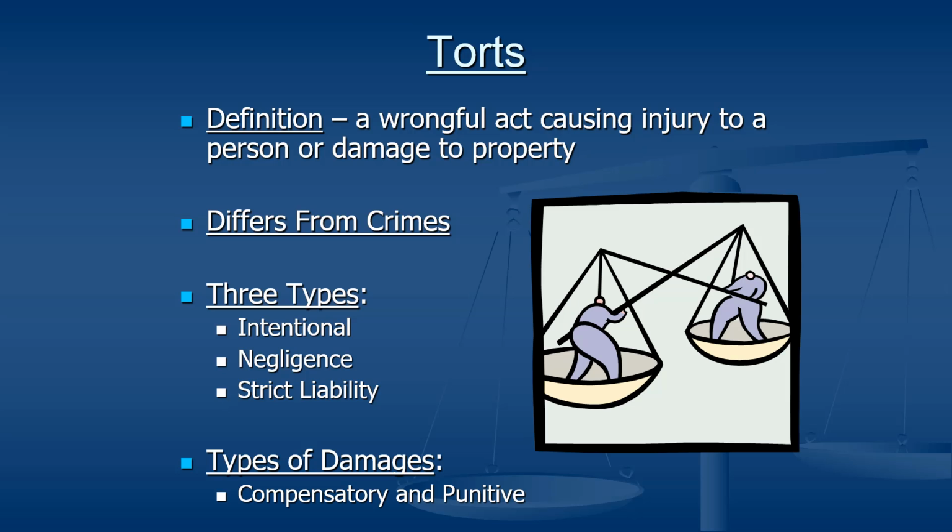Punitive damages, on the other hand, are designed to punish. Say that a drug manufacturer has mismarketed a drug where they've hidden information about a side effect, and as a result a number of people take it and get sick.